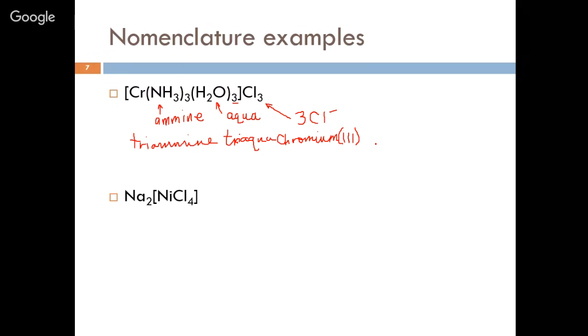Our complex ion is triamine, triaqua, chromium 3. And then we name our counter ion chloride. So our coordination compound is triamine, triaqua, chromium 3 chloride.